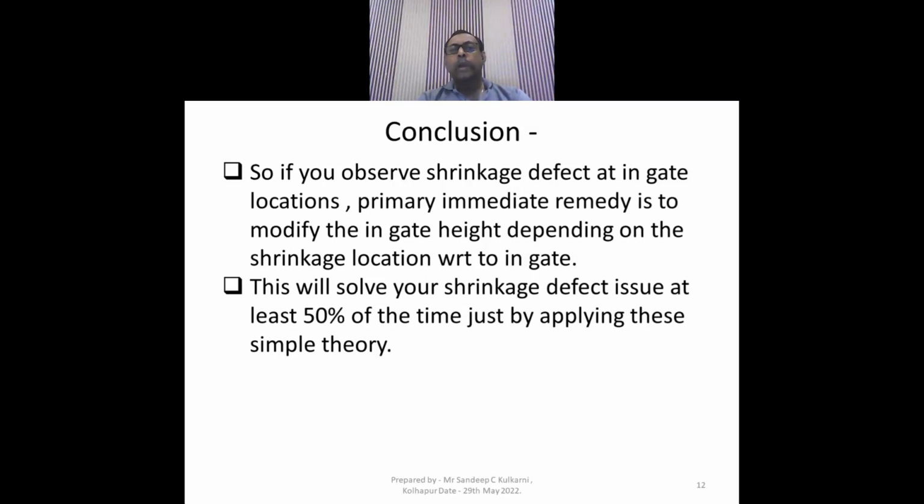By applying these couple of theories of reducing or increasing the neck area, you can solve this shrinkage defect almost 50% of the time whenever you are facing this issue, and it will definitely help you in coming out of this problem situation.